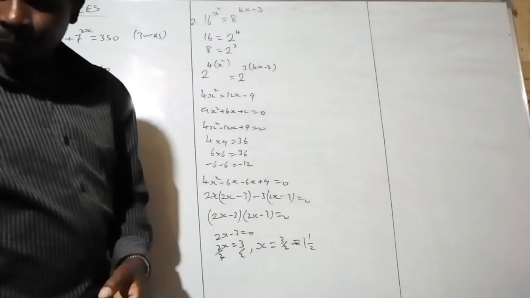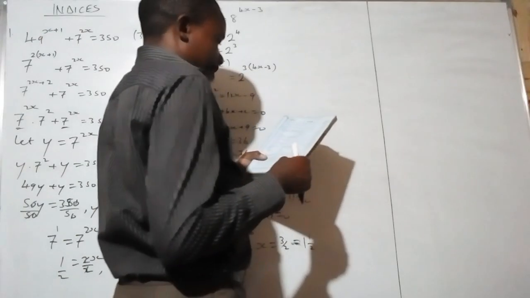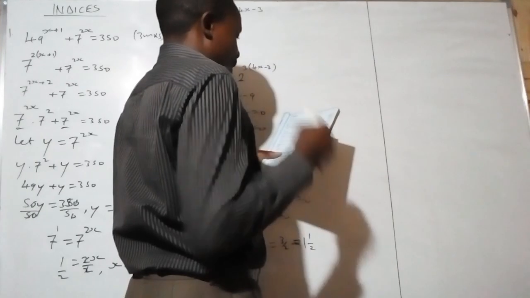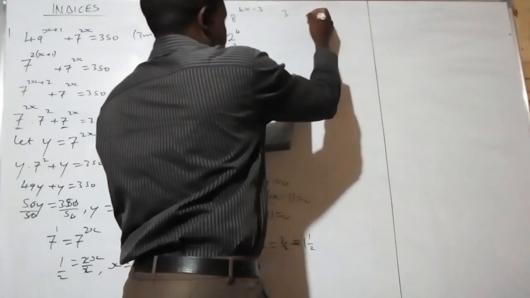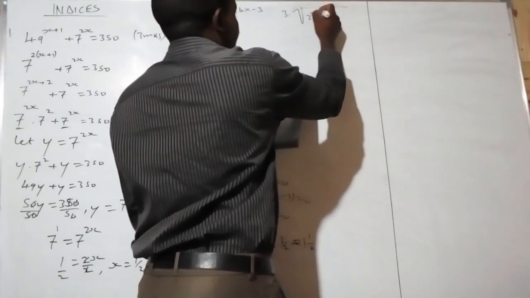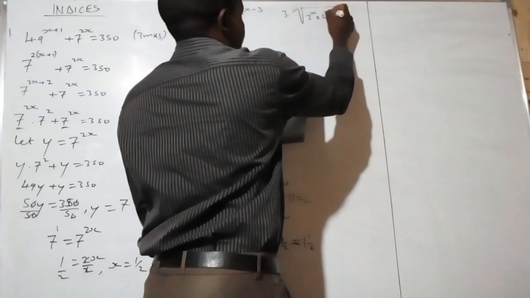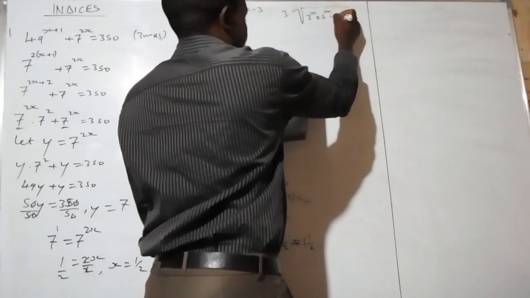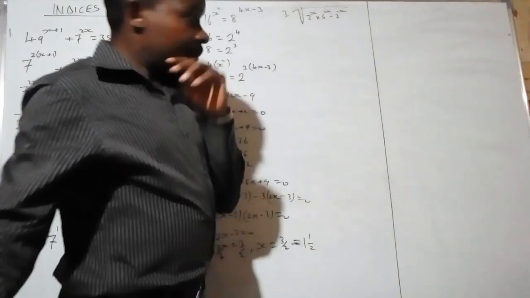Next, you've been given a simplify question. Let's first of all simplify this: the square root of 2x times 5 raised to power 2x divided by 2 raised to power negative x. What is inside the bracket?